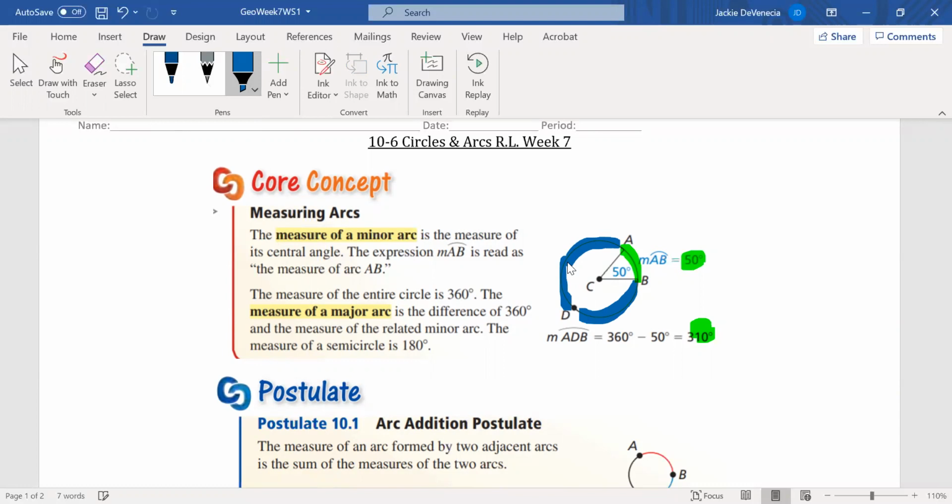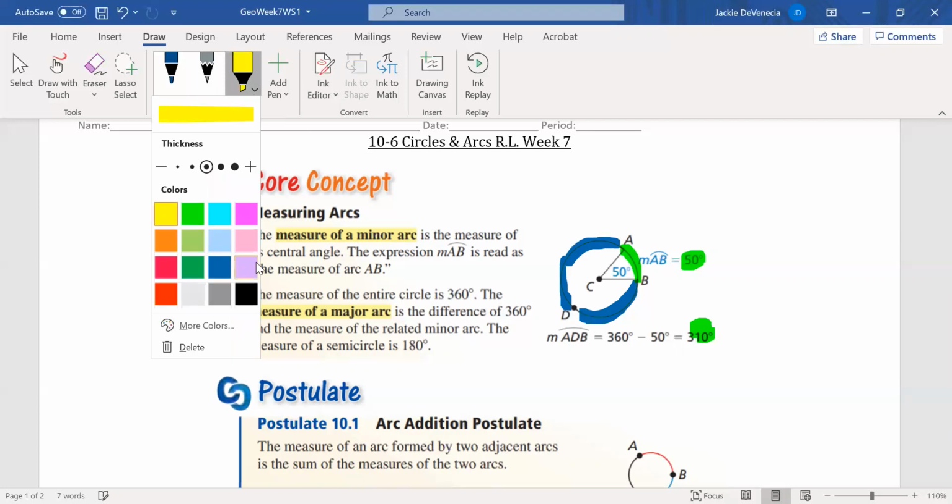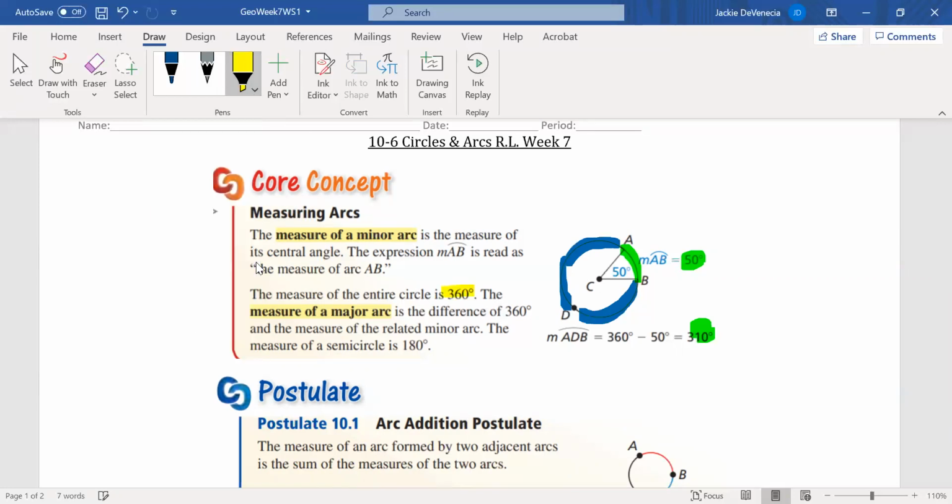Now, since the entire measure of a circle is 360 degrees, we're just going to find the difference between that total and the minor arc.